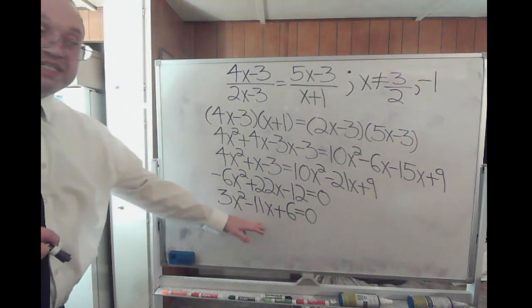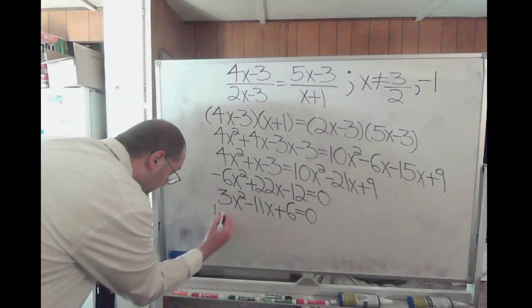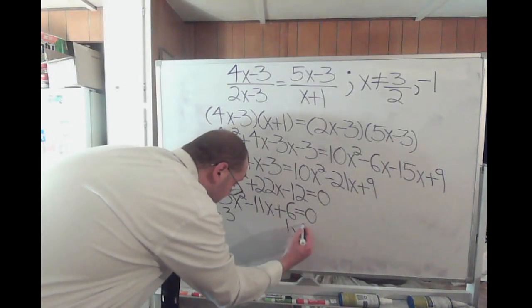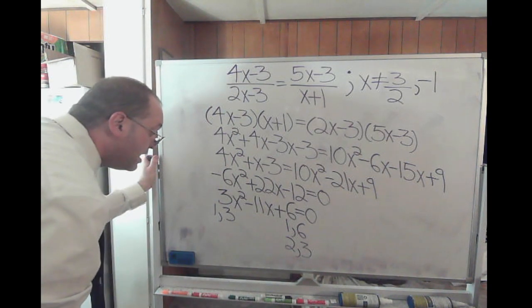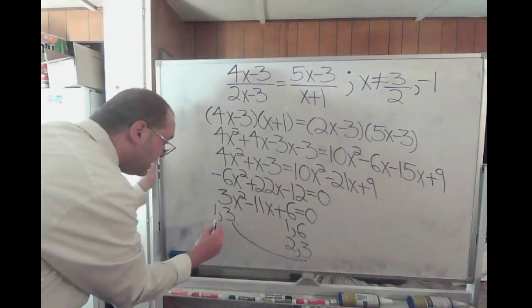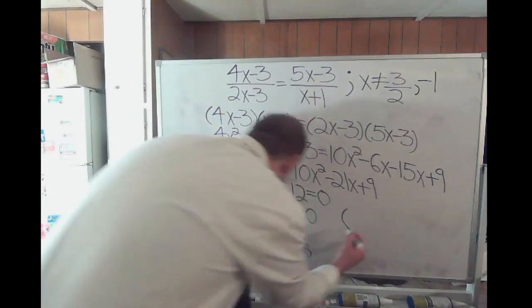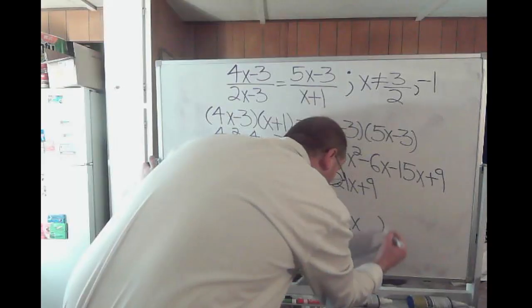Now, do any of these factor? Let's hope and pray they do. 1 and 3 are the only factors of 3. For 6, you have 1 and 6, and then 2 and 3. Oh, I think we got something here. If we do 3 times 3 and 1 times 2, yes. Okay, so this will factor into x, then you'll have 3x.